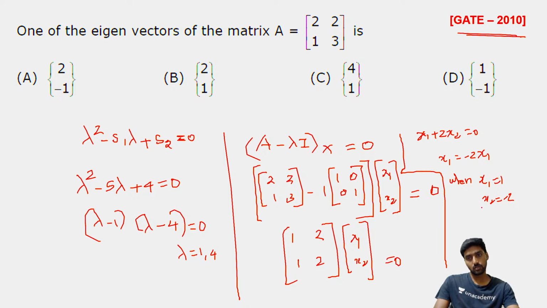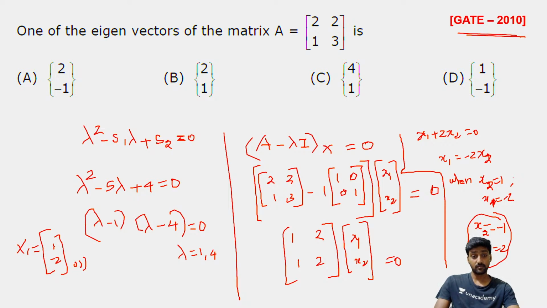Or if you choose x2 is equal to 1, x1 is equal to minus 2. Or if you choose x2 is equal to minus 1, x1 is equal to 2.